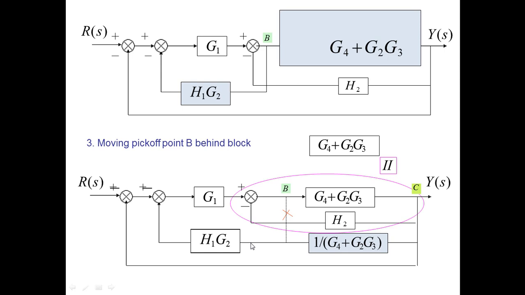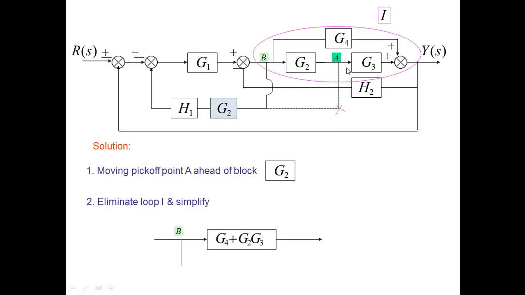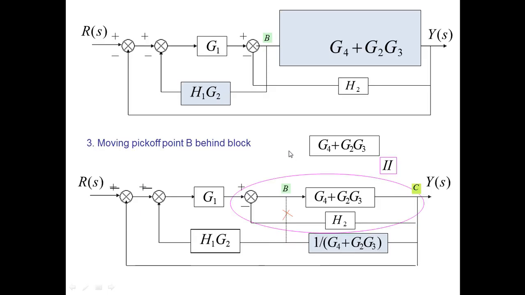Now you know that we have moved that point A towards this point B. Now we have to compensate for that as well. So we have multiplied that point with G2. So we have got this block over here, and now we have shifted. We have to move this pickoff point from here to behind this block at this side.